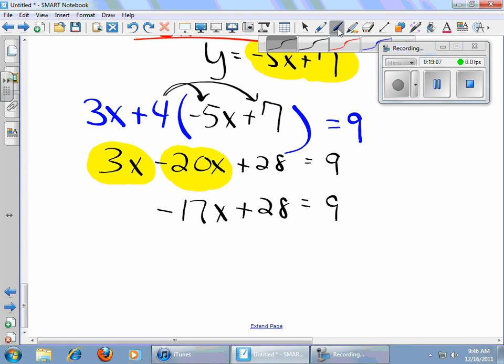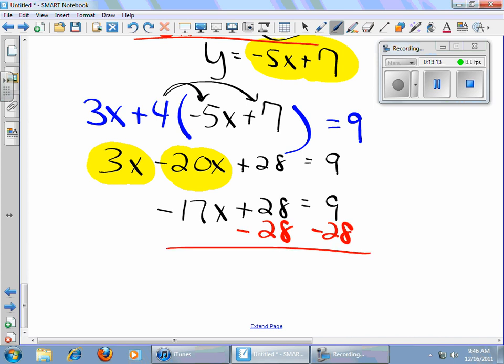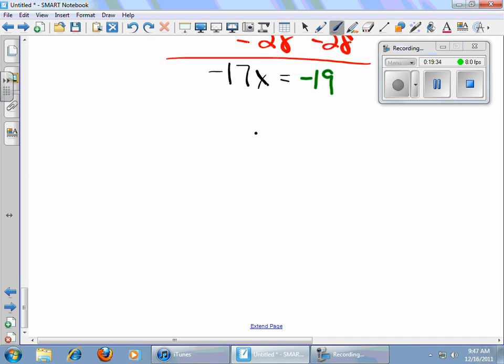All right, I'll go ahead and solve. And we got negative 17x equals, I think that's going to be a negative 19, right? Negative 19. Oops, that's okay. Yeah, that's right. And then I still need to get x alone.